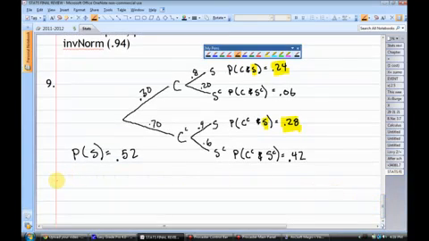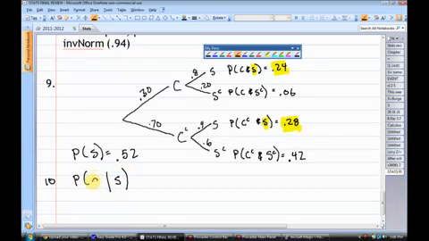Question 10. For question 10, we want to know what's the probability that a student who takes science also takes calculus. So what do we know for sure? Do we know for sure they're taking calculus, or do we know for sure that they're taking science? We know for sure that they're taking science.